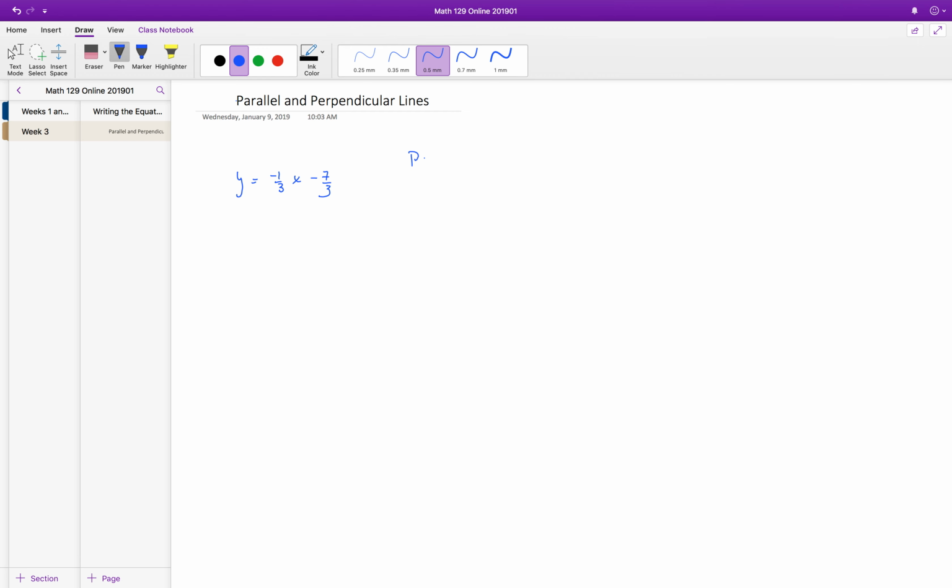A parallel line will have the exact same slope, and a perpendicular line will have a slope that's the negative or opposite, whichever you would like to use, opposite reciprocal.